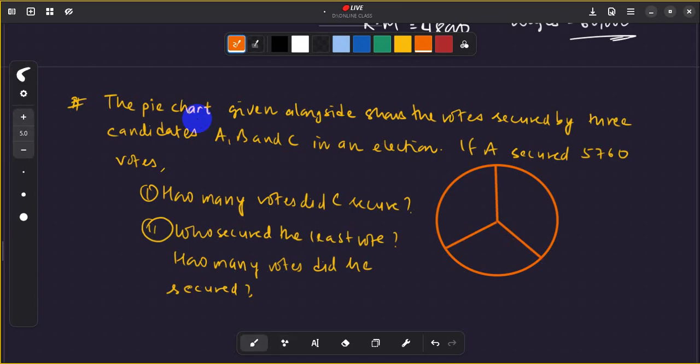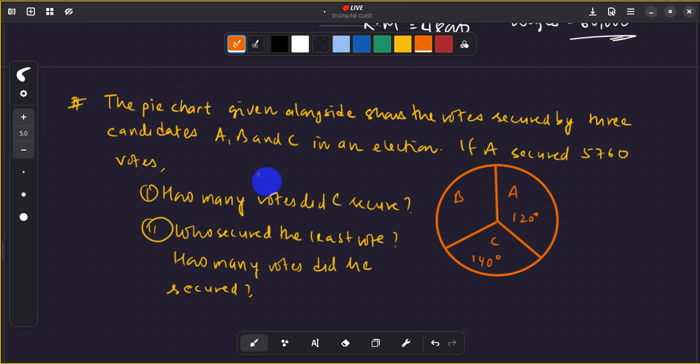A is 120 degrees, this is B, this is C, 140 degrees.